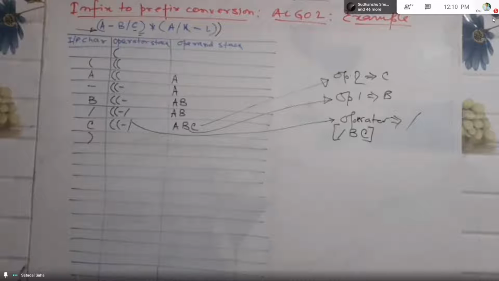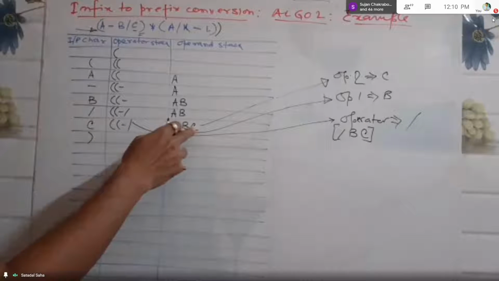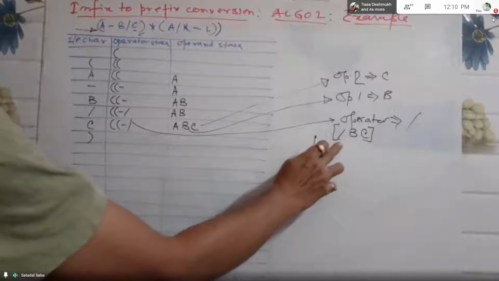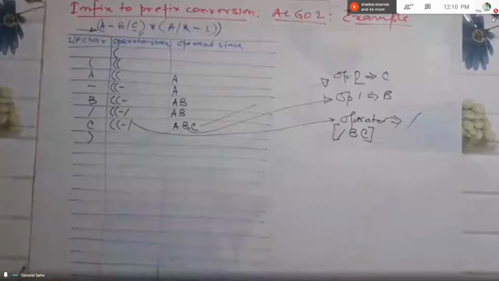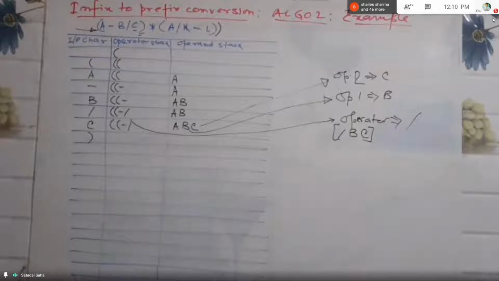So once you face this closing brace, you need to pop the last two operands from the operand stack. You also need to pop the operator from the operator stack. Then you need to concatenate like operator, operand 1 and operand 2. So this will be treated as a result of this operation of concatenation.